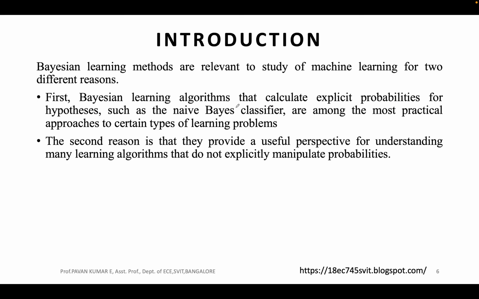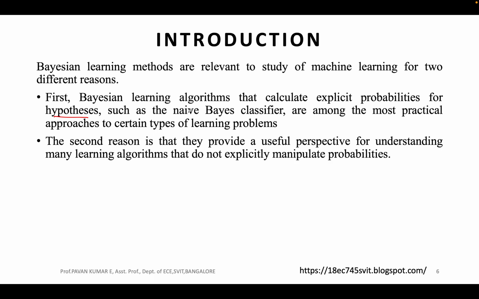Based on this, there are two different reasons why Bayesian learning methods are used. First, Bayesian learning algorithms that calculate explicit probabilities for all hypotheses, such as the Naive-Bayes classifier, are the most practical approach to certain types of learning problems.